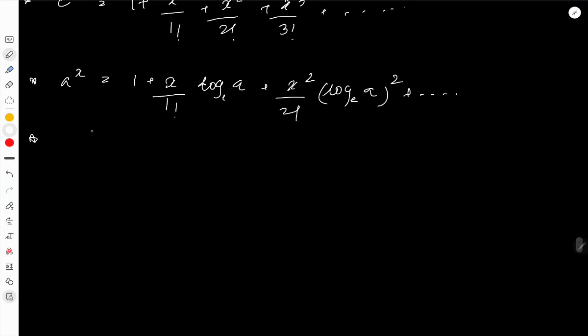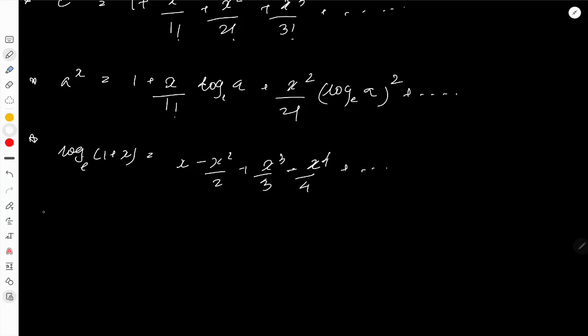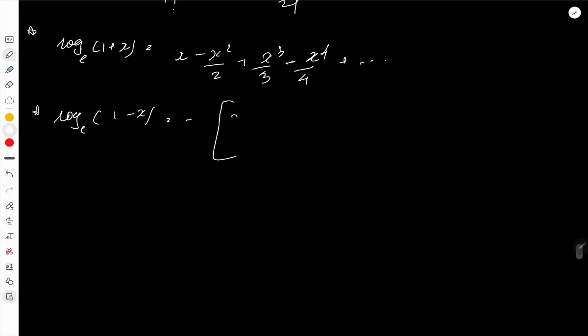And then log of (1 plus x) to the base e can be written as x minus x square by 2 plus x cube by 3 minus x to the power 4 by 4, plus, and alternately it goes. Next, log of (1 minus x) to the base e is minus, common, x plus x square by 2 plus x cube by 3 plus so on.